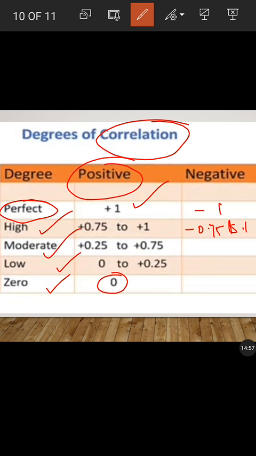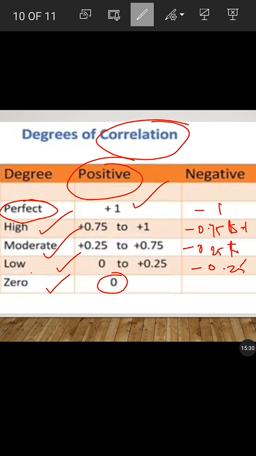Similarly, moderate correlation is -0.25 to -0.75, and for low correlation the value will be between 0 and -0.25. And for zero correlation, it is all the same. Zero means the sign does not matter here. That is, if the value is 0, we say that there is no correlation between the two variables.